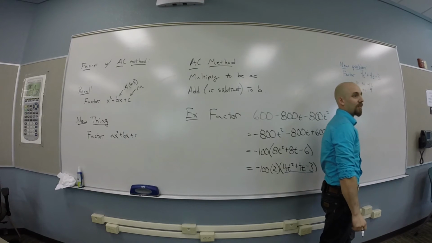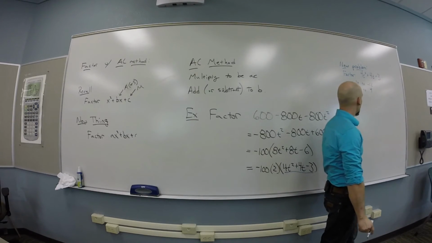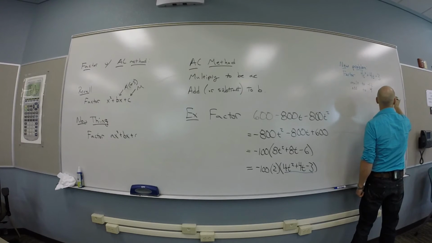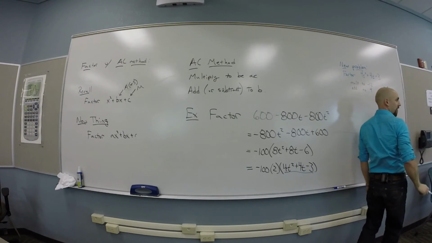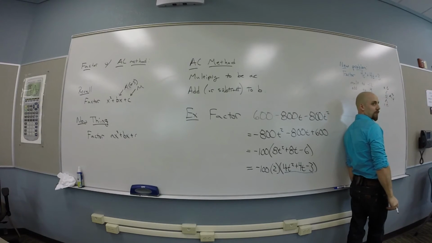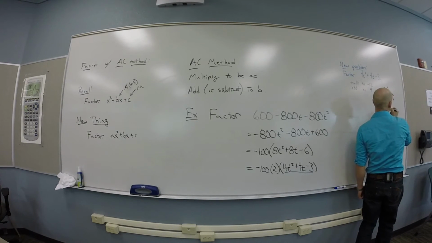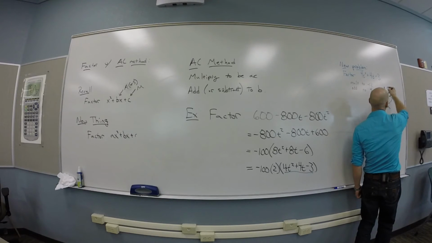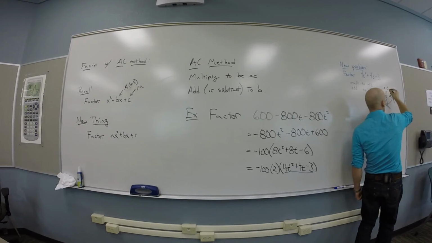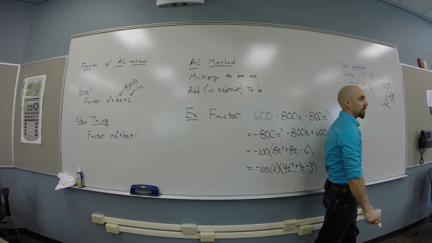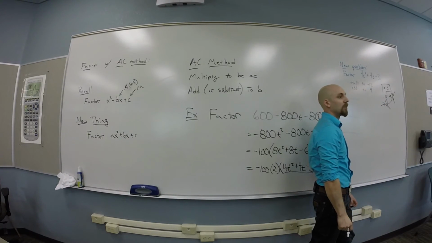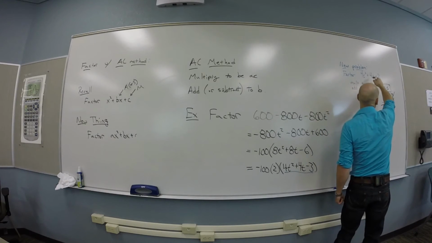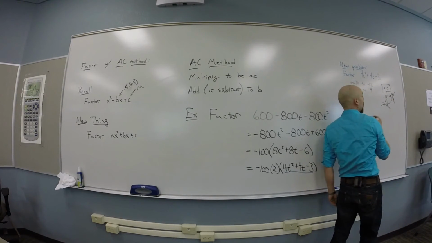So what are the factors of negative 12? 2 and 6, 3 and 4, 1 and 12. 1 and 12 gives me differences of 11 and 13, that isn't going to work. 3 and 4 gives 1 and 7, that isn't going to work. 2 and 6 gives 4 and 8, okay, that's the one I want. So 2 and 6 is my choice here. It should be positive 6 and negative 2, so I need minus 2 plus 6.